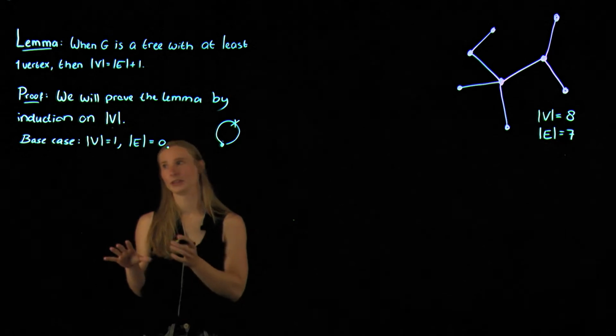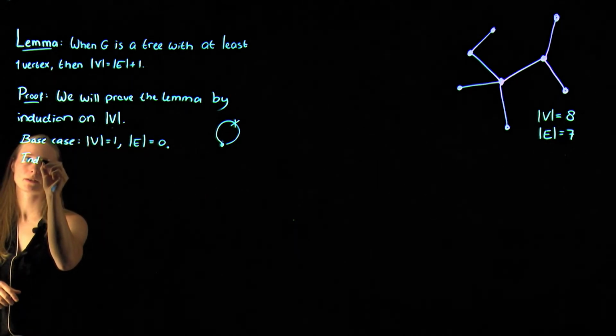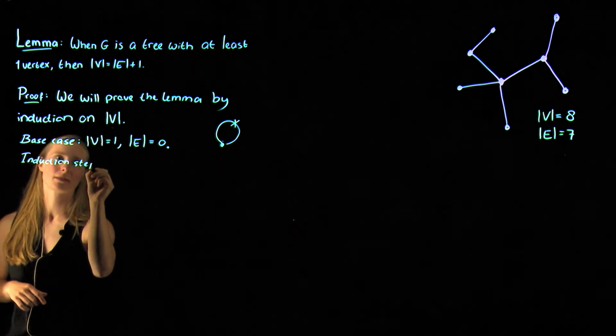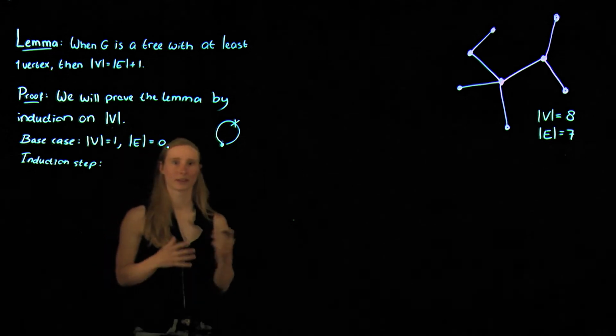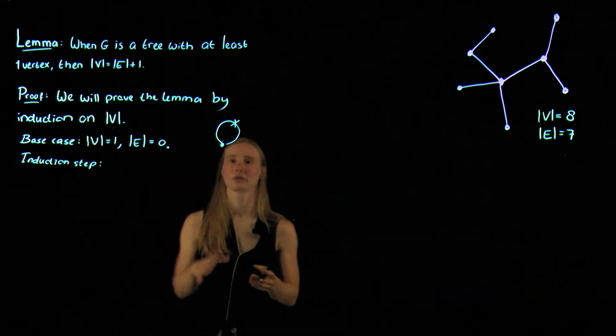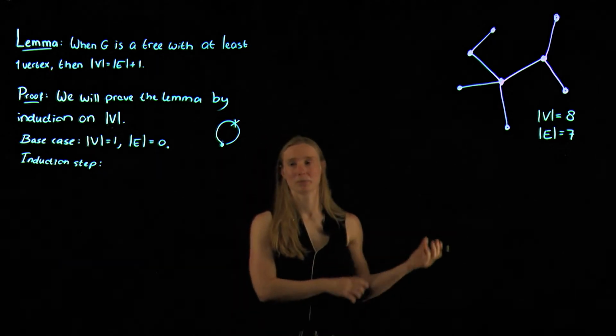Then we go to the induction step. For this step, we will assume that the statement holds up to some size, and then we will look at one step bigger.